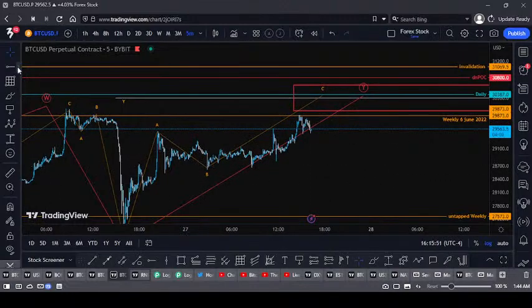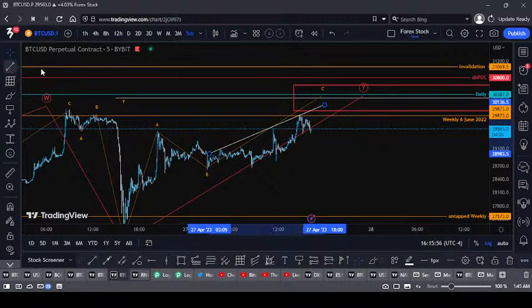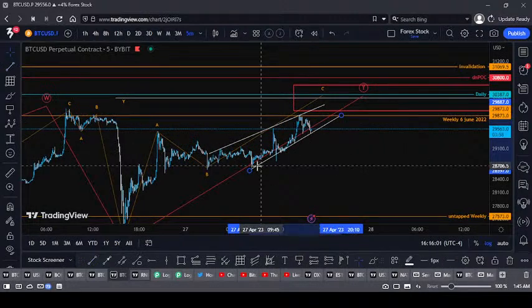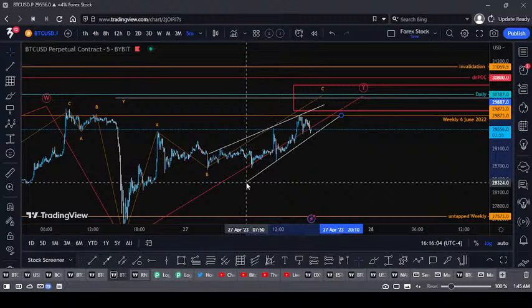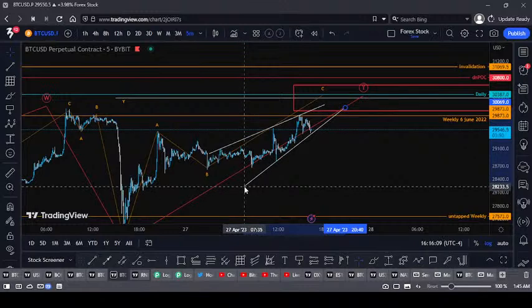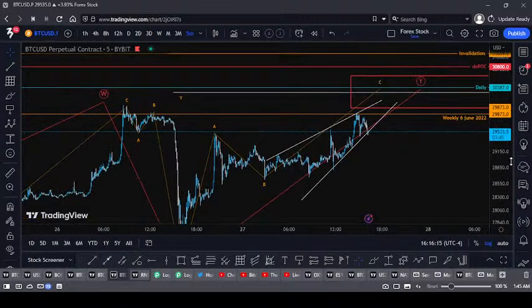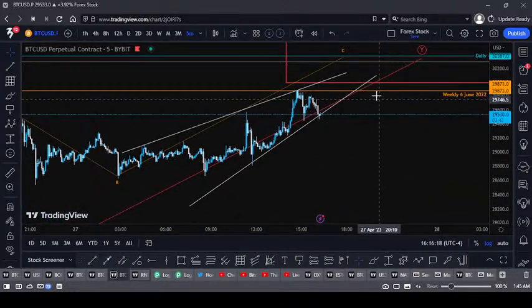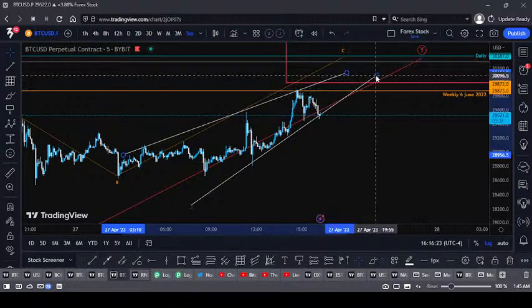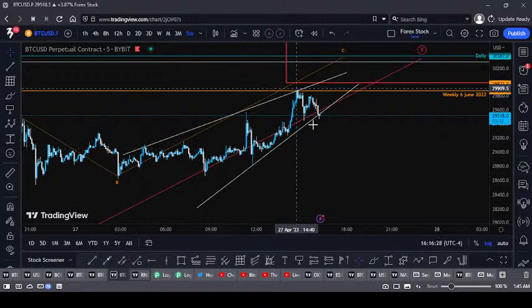It looks more like a leading diagonal structure. 1, 2, 3, 4, 5, A, B.